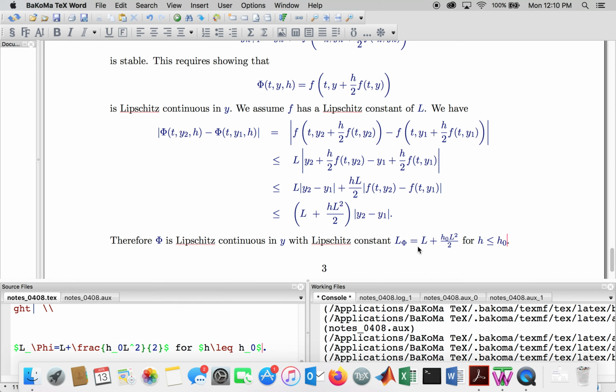So for h sufficiently small, we do have a Lipschitz constant. That is enough to meet the definition for stability, which also requires only that h is sufficiently small.